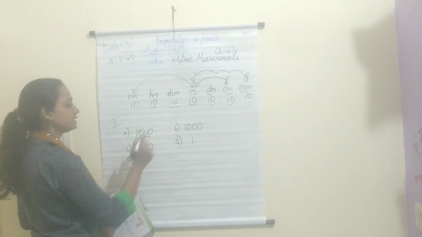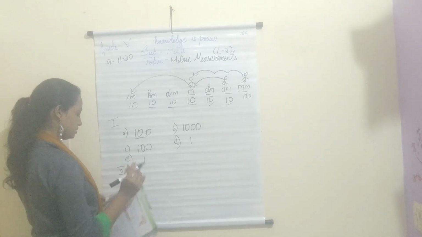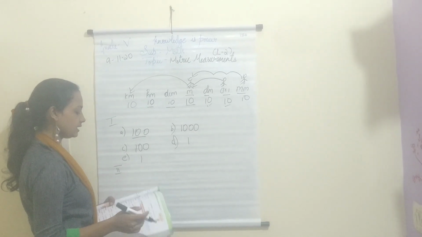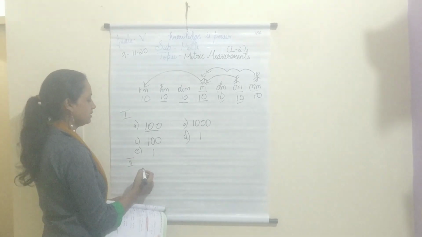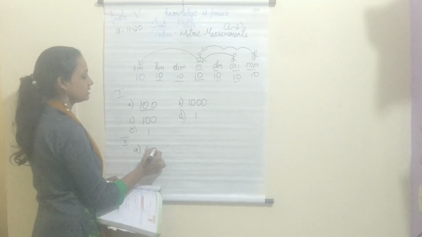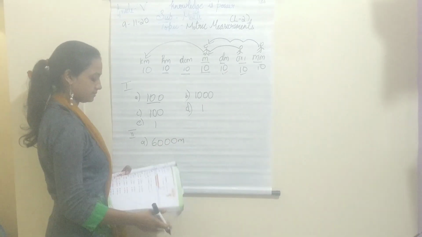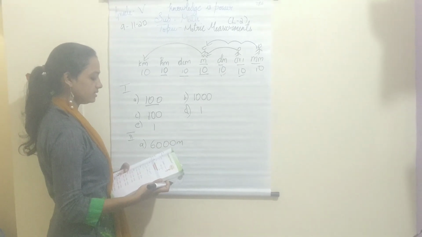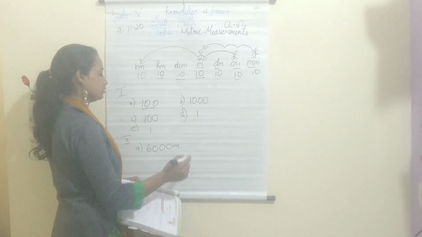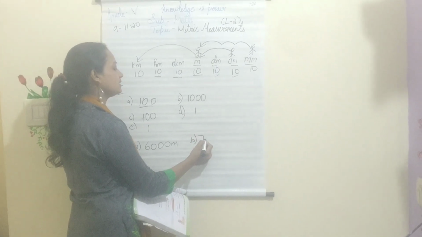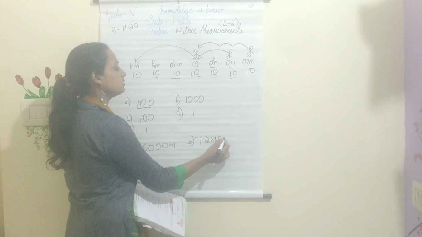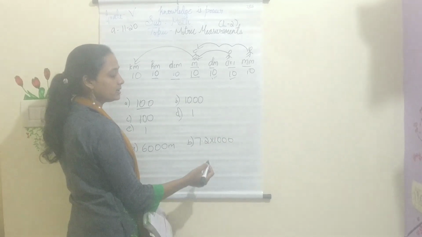So I am converting from kilometers to meters. So I should multiply with 1000. First one, 6 kilometers into 1000. 6 into 1000 is 6000 meters. B, 7.2. So what happens when you multiply 7.2 with 1000? I have taught you an easy way of multiplication, no children?